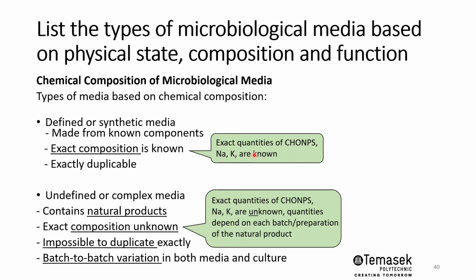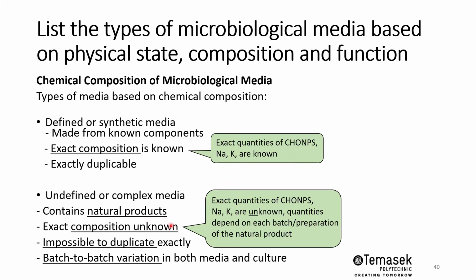But undefined media, also known as complex media, we don't know the exact composition and we cannot completely replicate or duplicate it. The complex media are more commonly used for the routine culture of microorganisms, since they are able to meet the nutritional requirements of many of the microorganisms. This is for the complex, or also called the undefined media.